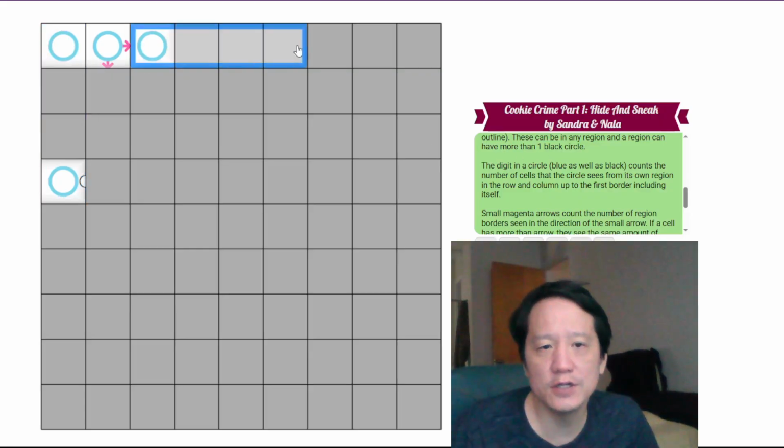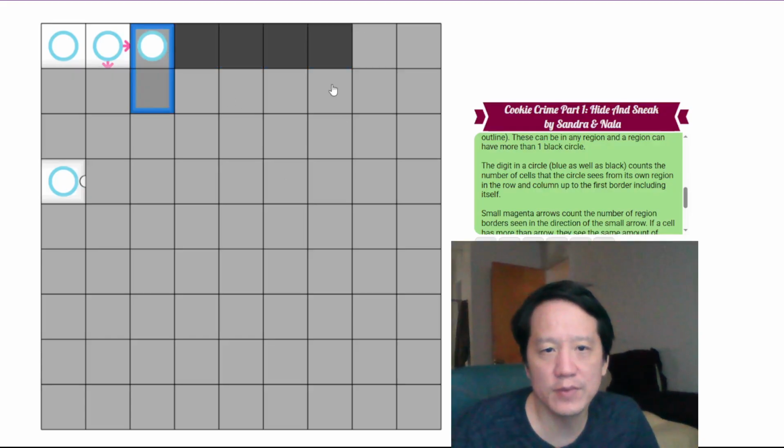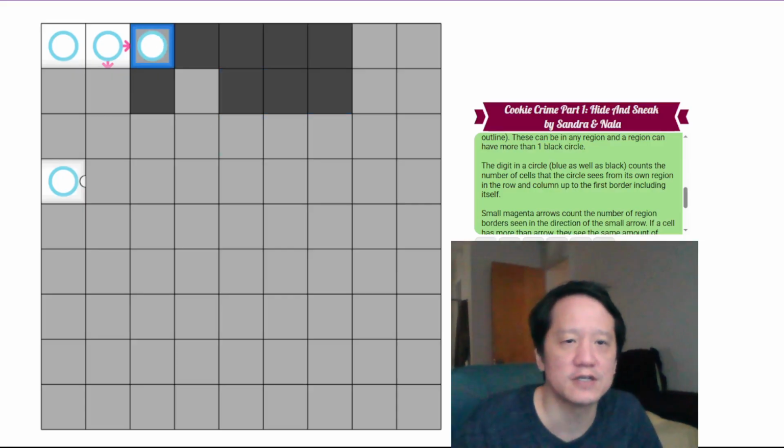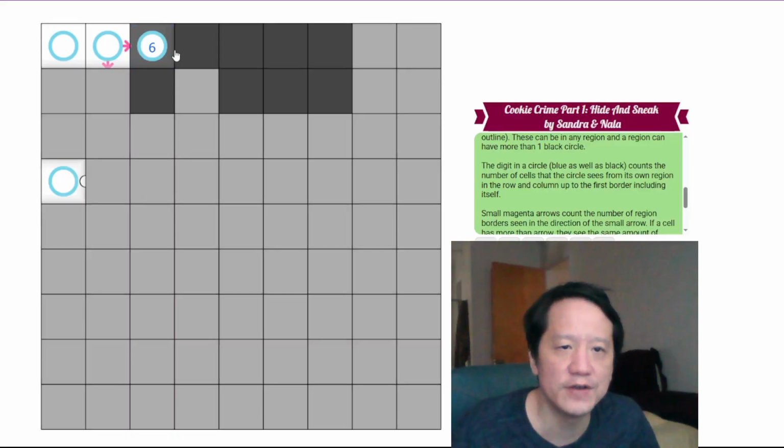So say this region was like this. This cell would then have to be a 6 because it sees itself and it sees all of these cells and this cell in its region.